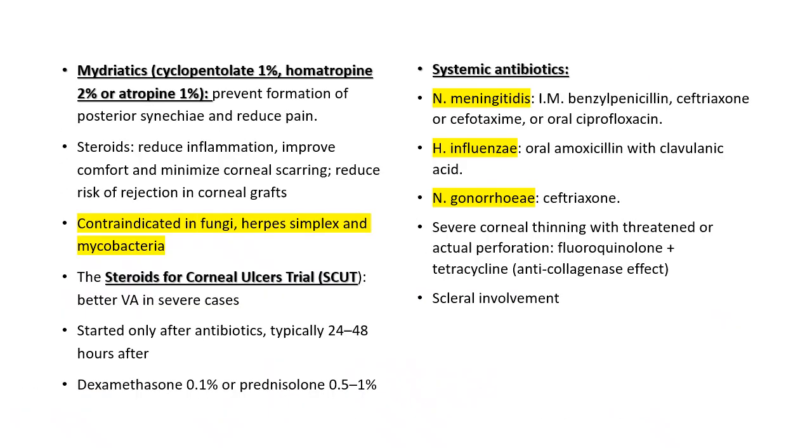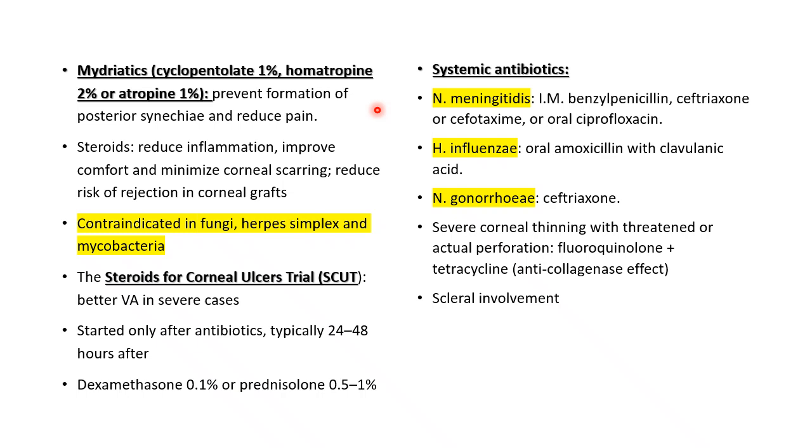Moving on, mydriatics or cycloplegics are another pillar, the second pillar of the armamentarium of treatment of bacterial keratitis or any keratitis for that matter. So antibiotics, then mydriatics, cycloplegics. Why are they important? Because they prevent the formation of posterior synechia and reduce pain.